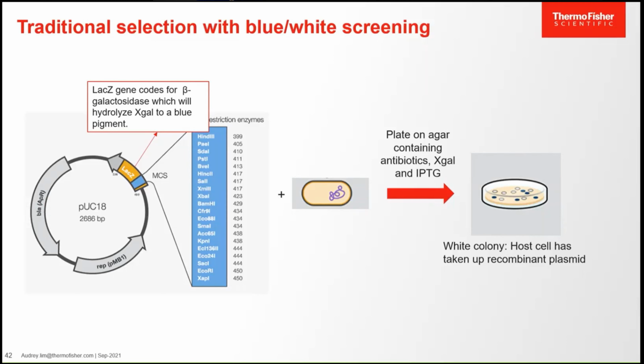If there is an insert, the lacZ gene will be disrupted and cannot be expressed. So this will appear as a white colony. This means when you pick a colony, you need to choose the white colony for blue-white screening. Then downstream, you may perform further analysis such as sequencing to ensure the sequence of the recombinant plasmid is correct.